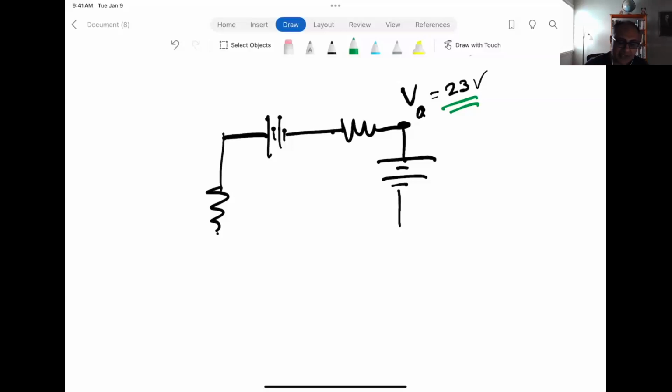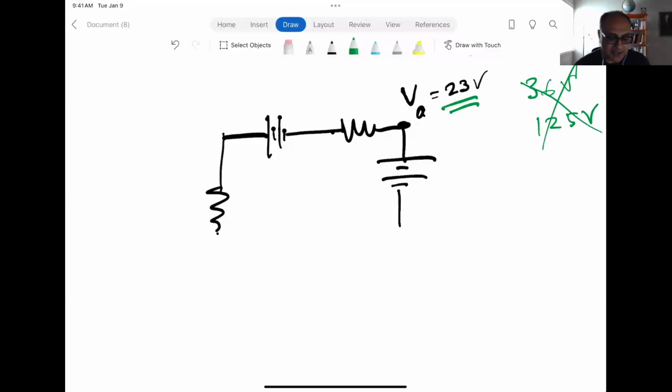So if I say that the potential at A is 23 volts, it cannot simultaneously be 36 volts or 125 volts. I mean, this doesn't make any sense. If the value of the potential at A is 23 volts, it's always 23 volts. It cannot be anything else. That clear to all of you? So the idea is that at a given point in the circuit, the value of the potential is unique and fixed. It cannot be multiple values.